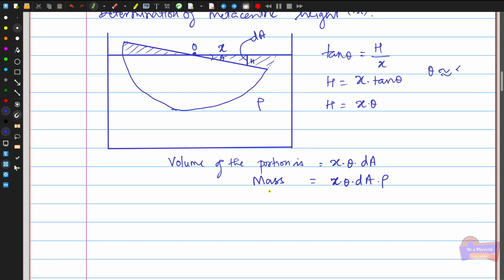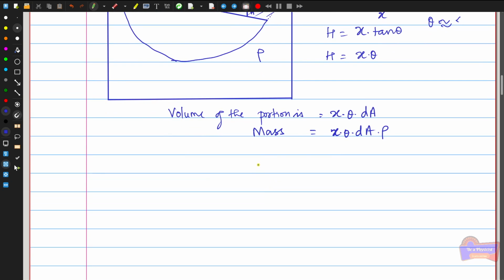Once you know the mass, we can easily find the weight of the water displaced, which is the upthrust of the portion, equal to x theta dA times rho times g.